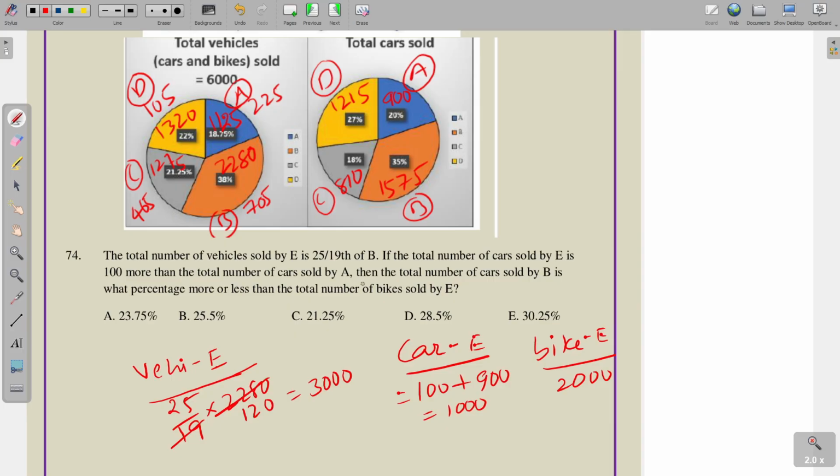Next one, the total number of cars sold by B. Cars of B is 1575.